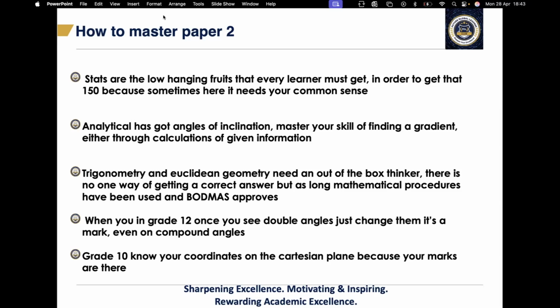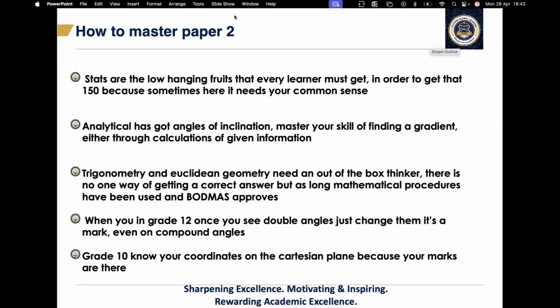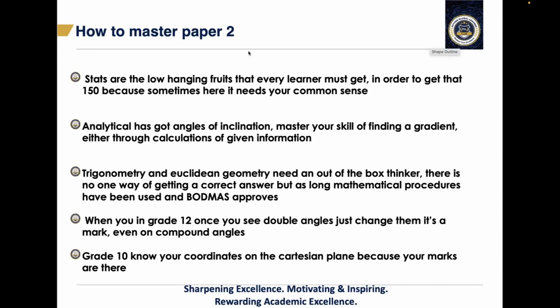Then it says in grade 10, your coordinates on the Cartesian plane. You need to know your coordinates on the Cartesian plane because your marks are there. What does this mean? There is one thing that learners tend to forget: in quadrant number 1, you have positive x and positive y. In quadrant number 2, you have negative x and positive y.